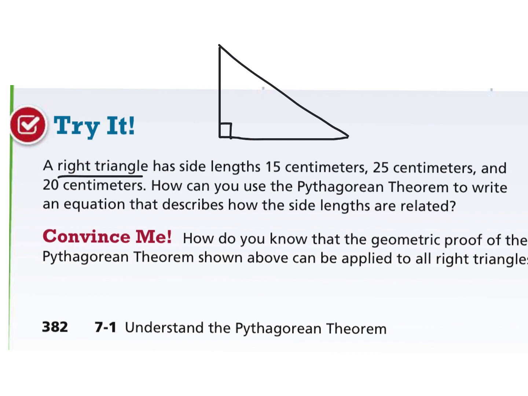Earlier we talked about the legs of the triangle and the hypotenuse, and that's what I'm going to think about when I put the numbers on my drawing. The hypotenuse is the longest side. With sides of 15, 25, and 20, the longest side would be the 25 centimeters.